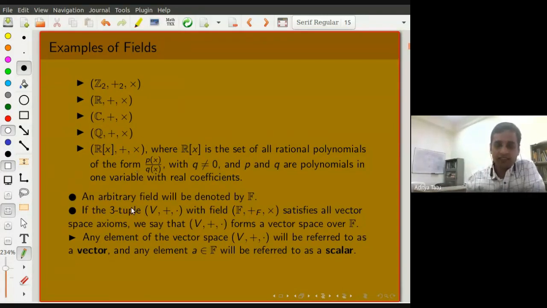As far as notation is concerned, if I don't specify a field and I'm working with abstract vector spaces, the field will be denoted by F. If I give you a set with these two binary operations and this particular field, and it satisfies all vector space axioms, we say that this triplet forms a vector space over F. Once you have a vector space, any element of the set V will be referred to as a vector, and any element of the field will be referred to as a scalar.